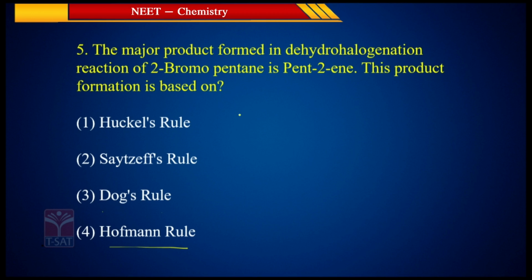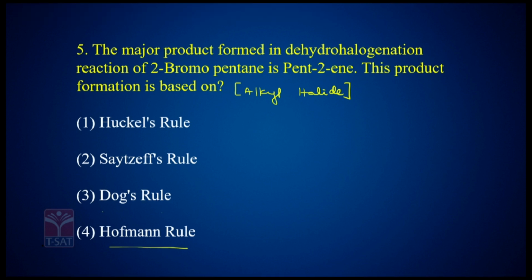This question is based on organic chemistry, second year, from alkyl halides. This time you may get 2 or 3 questions from alkyl halides, very important, because many chapters are deleted, right? That's why this time we will get more than 1 question from alkyl halides.